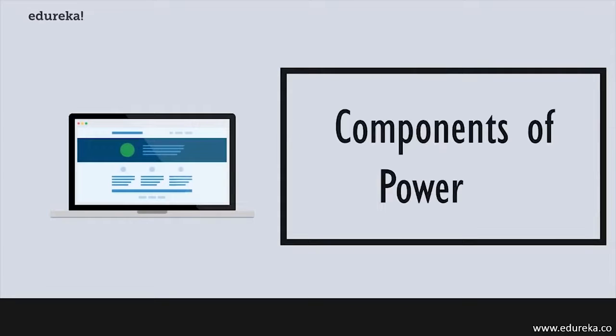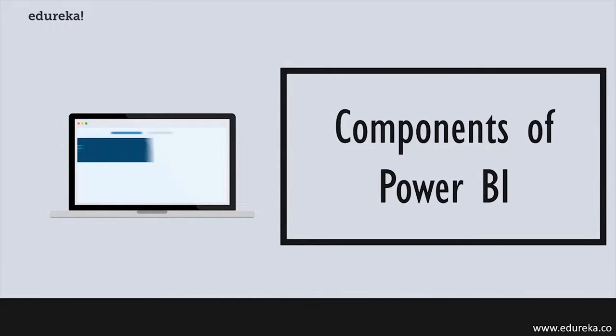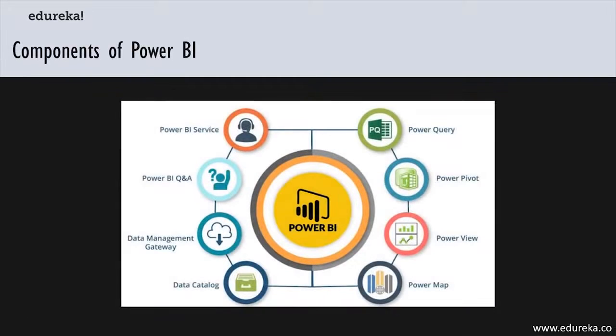In the section ahead, we are going to discuss a few components of Power BI. Power BI has a few components. You have Power Query, Power Pivot, Power View, Power Map, Data Catalog, Data Management Gateway, Power BI Q&A, and Service. Starting up, we have Power Query.